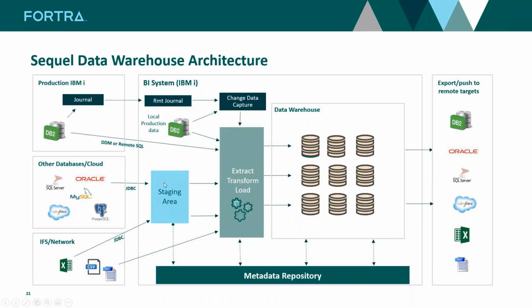Notice that a lot of this data is brought first into the staging area and then processed through the ETL into the data warehouse. We also have the capability of exporting or pushing that data from the data warehouse back out to many of those same sources.